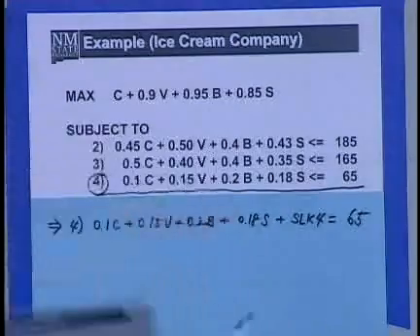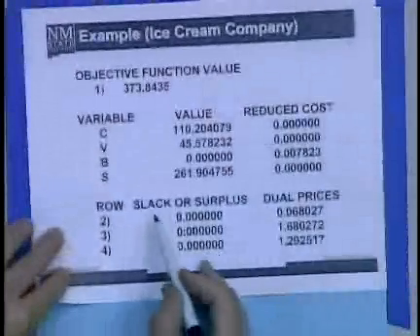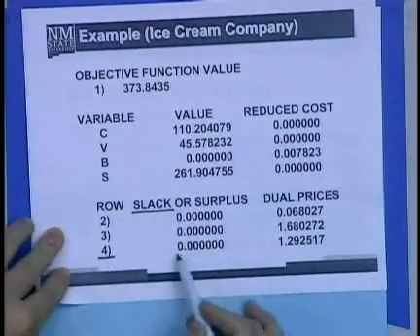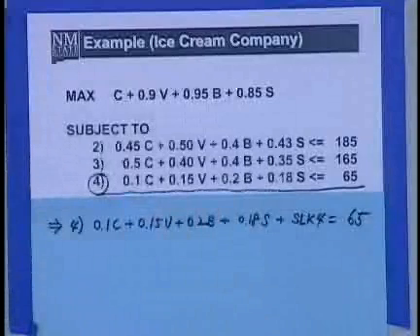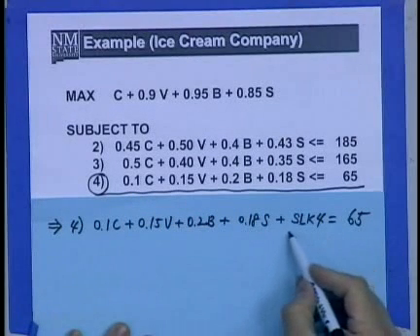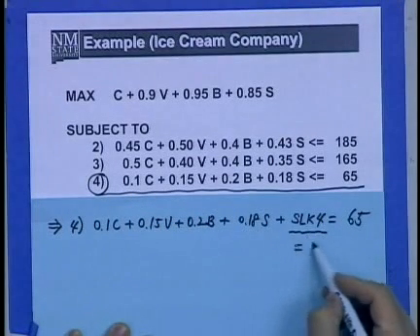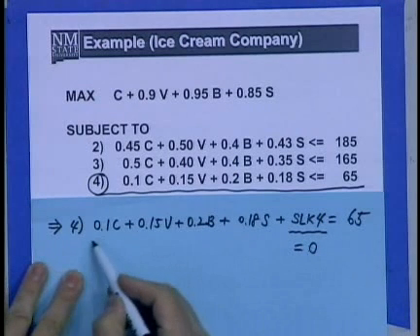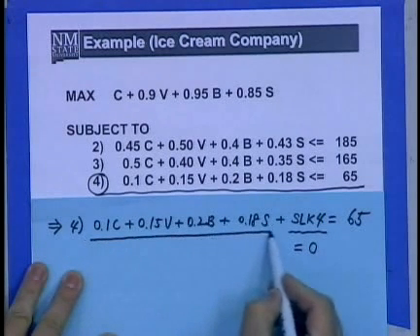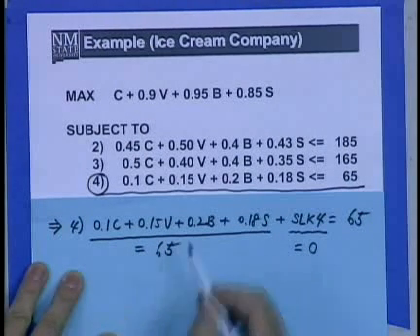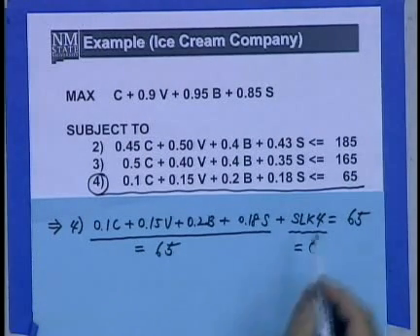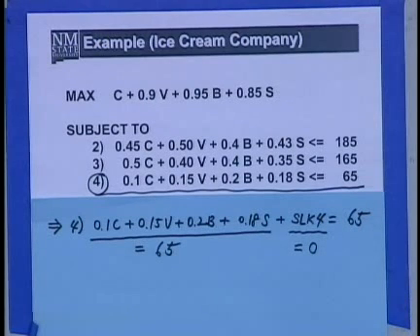And currently, slack 4 is 0, right? At the optimal solution. So slack 4 is 0, which means all other terms on the left-hand side become 65 to maintain the equality constraint, right?